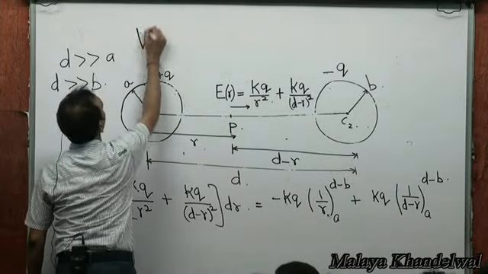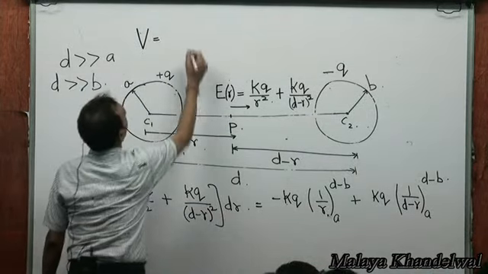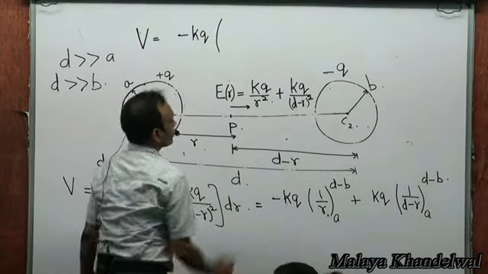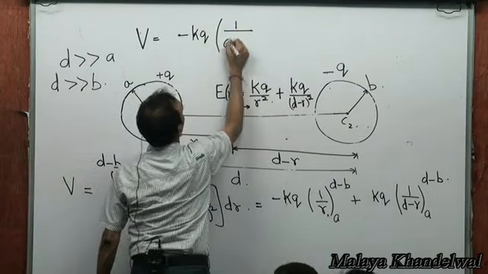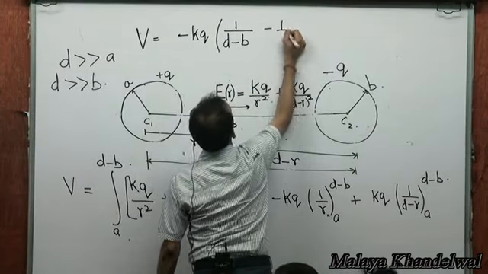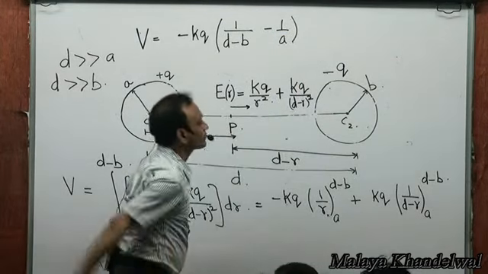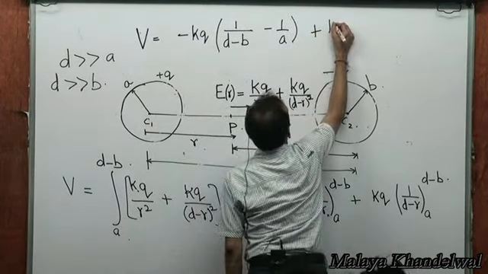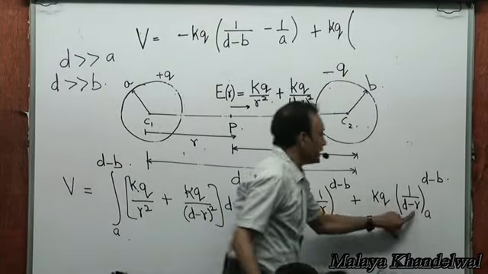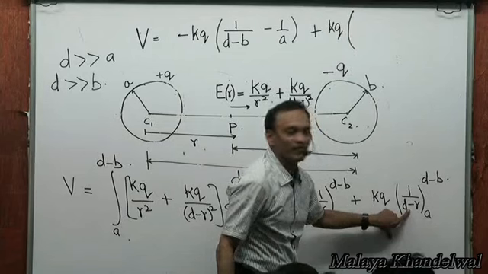So the potential difference V will turn out to be minus kq into 1 by d minus b minus 1 by A for this, then plus kq. When r is d minus b, this will become 1 by b.